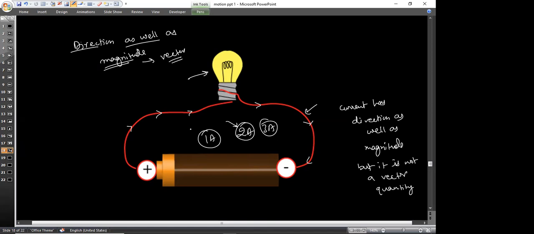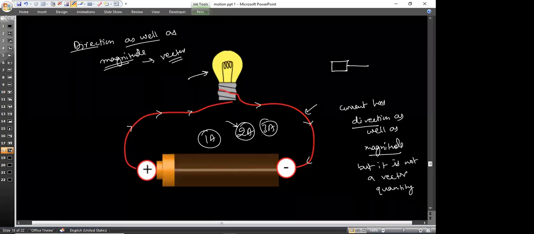Actually, quantities that have direction as well as magnitude are vector quantities. That is correct, but we have to add one more point. Just suppose this is an object, and a person is pulling this object with a 5 Newton force from this direction, and another person is exerting the same force in the opposite direction.